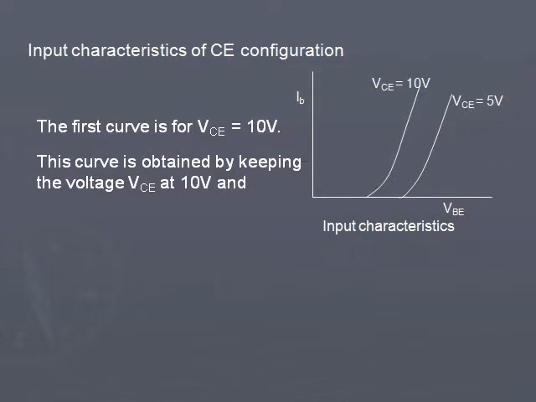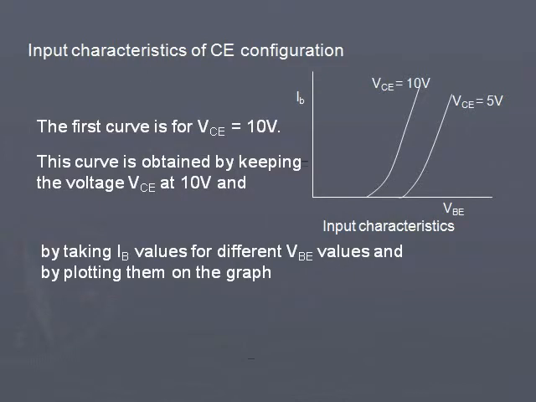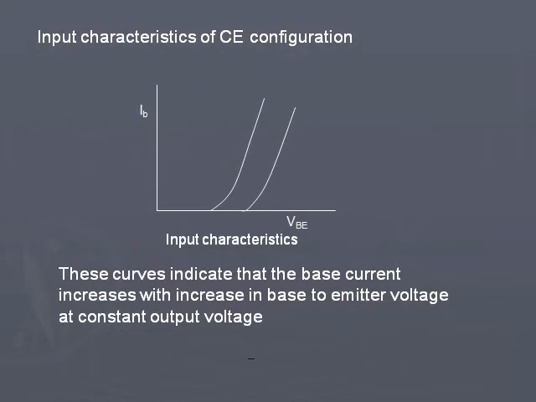Then the curve will be obtained as shown in the figure. This curve indicates that IB increases with increase in VBE. Even if VBE has some value, IB is 0. So it starts at a particular value of VBE. As VBE increases, IB also increases at a constant VCE.